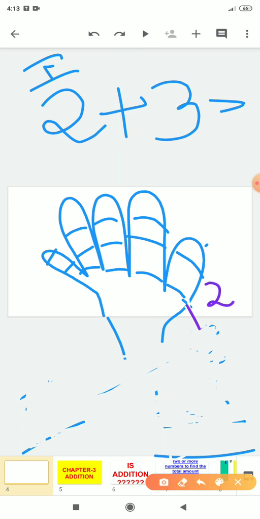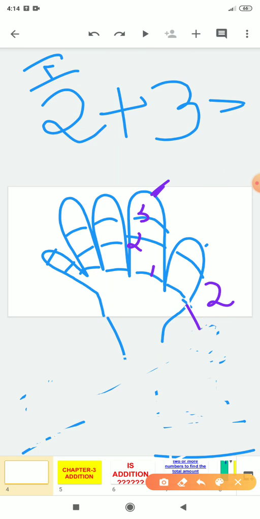We have done 2. Now from the next finger, here we have to start counting 3 again. So 1, 2, 3. Okay, now we have done.